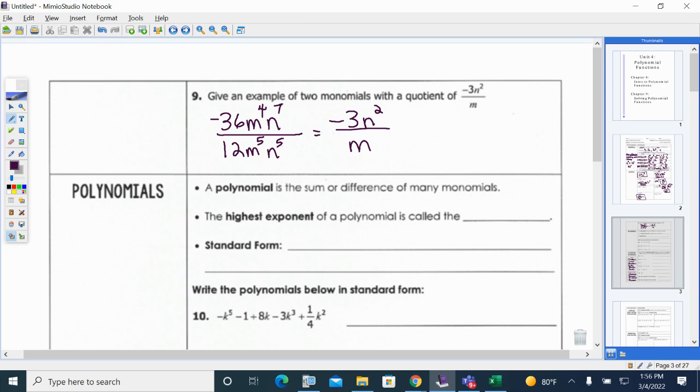For polynomials, a polynomial is the sum or difference of many monomials. So this is where the pluses and minuses come in. The highest exponent of a polynomial is called the degree.